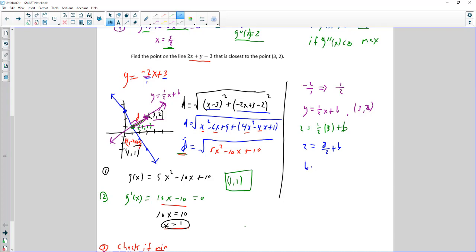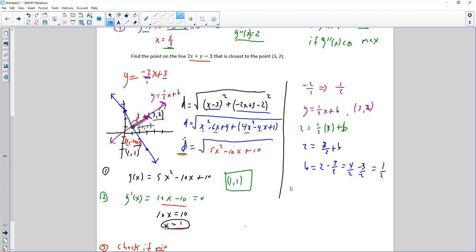So b is going to equal 2 minus 3/2. That's going to be the same thing as 4/2 minus 3/2, which is 1/2. So b is 1/2.